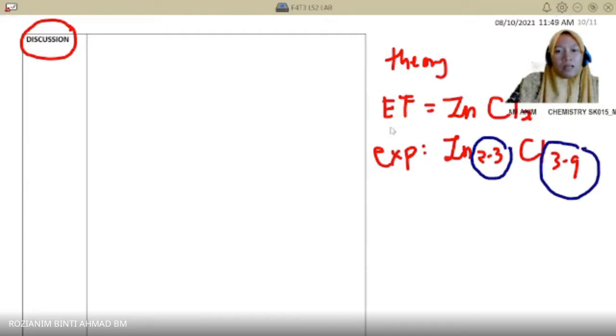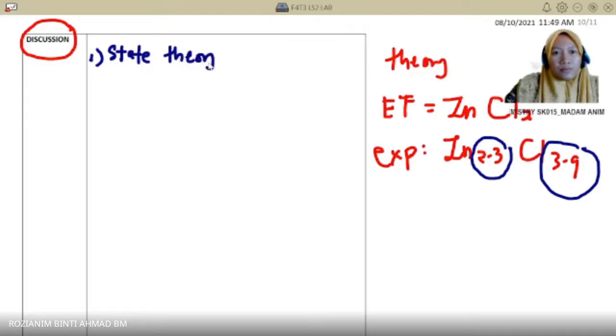So nak buat apa dalam discussion? Step pertama, saya nak you discuss. Okay, so you must state the theoretical value, which is the empirical formula of a zinc chloride compound.